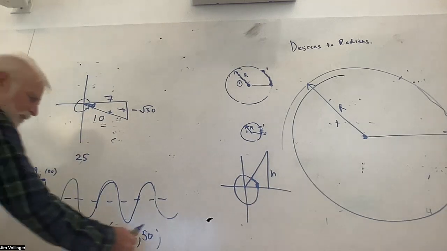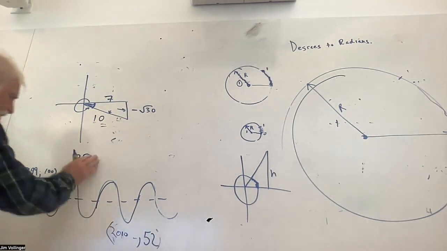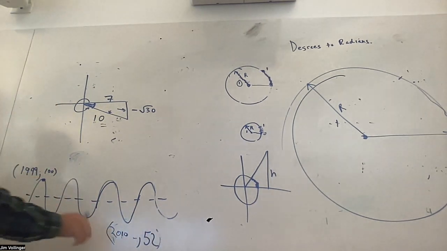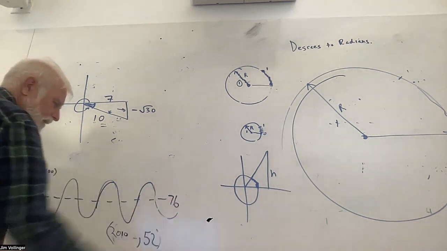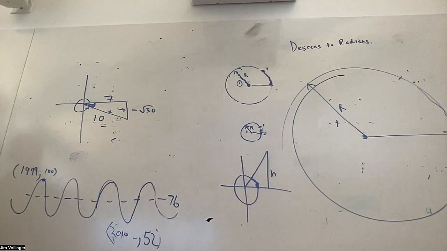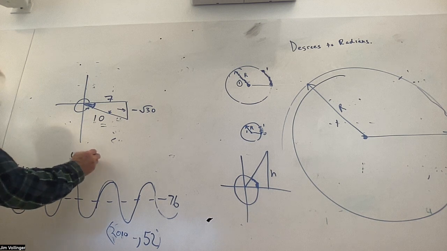Let me change this number to 52. Okay, so the number between 152 is, make my brain work, 24 plus 52. 24 less than 176, I think. Okay, yeah, we're good. So 76 would be the y value that we measured from.